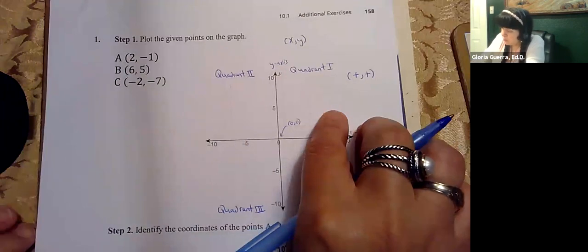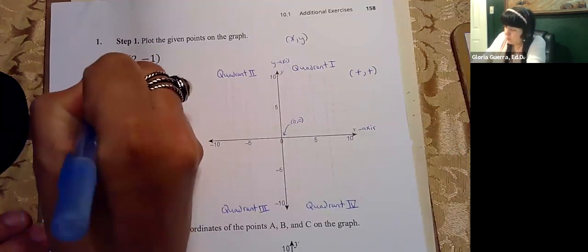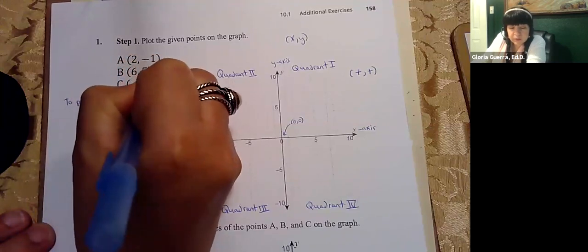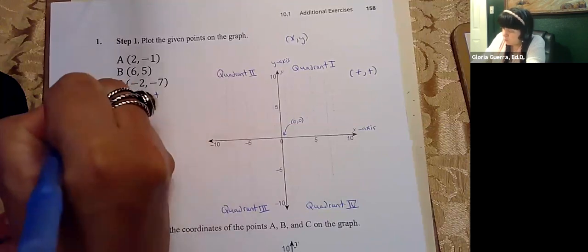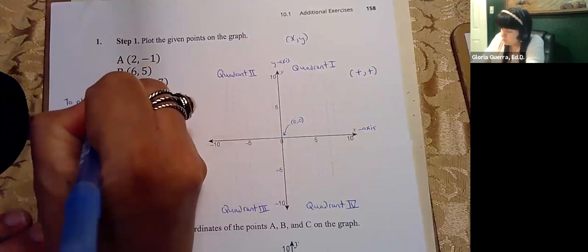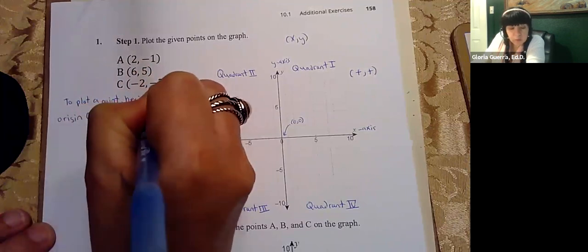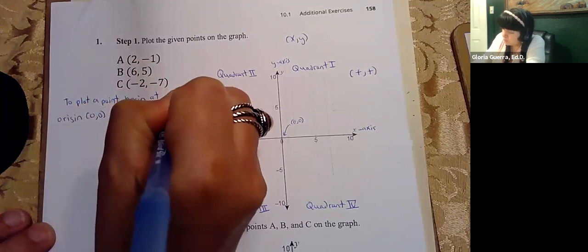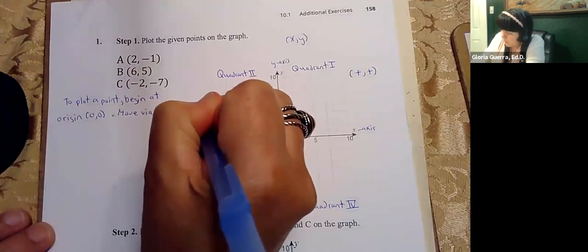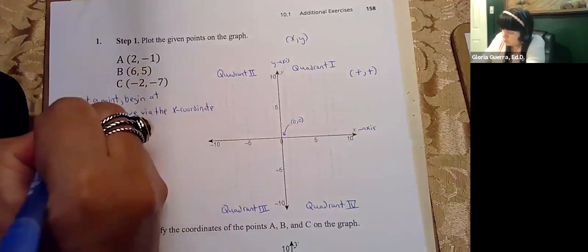So to plot a point, you want to begin at the origin, which is 0, 0. And you want to move via the x coordinate first.